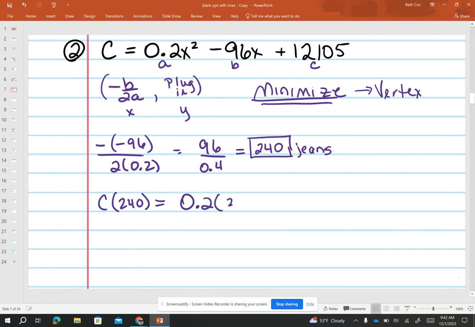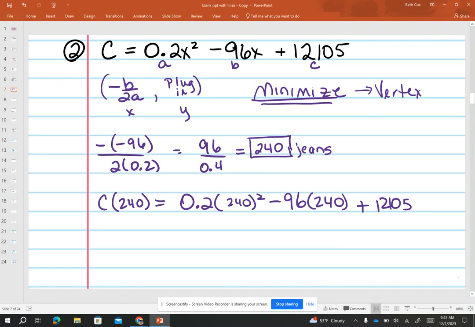And I'm going to use my calculator to correctly do this because I don't want to mess anything up. And so here we go. We should get 500 and something. Let me check my calculator.